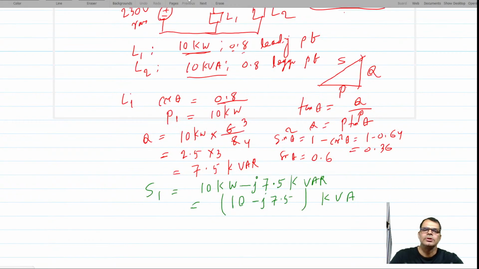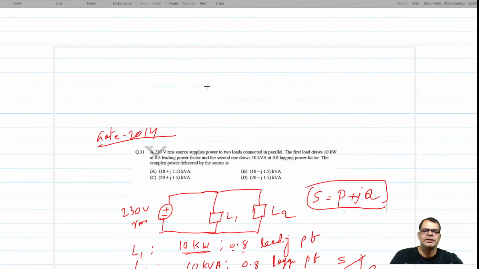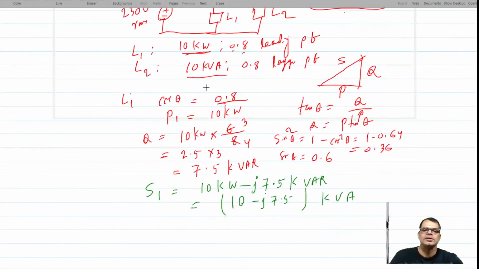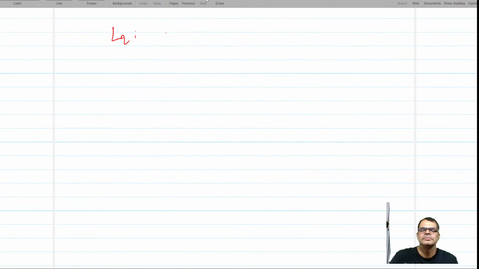We know that for L2 they have been given that load 2 draws 10 kVA, 0.8 lagging power factor.